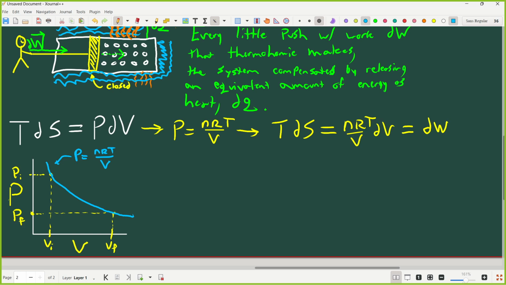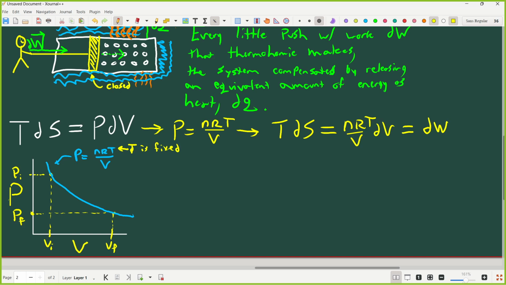And at a fixed temperature, T is fixed here because it's isothermal. We have a term for these curves. There's going to be one of these curves for every temperature. As I change T, this curve is going to move in this space, because it's P times the constant over V. As T gets higher, this curve is going to push further and further out.